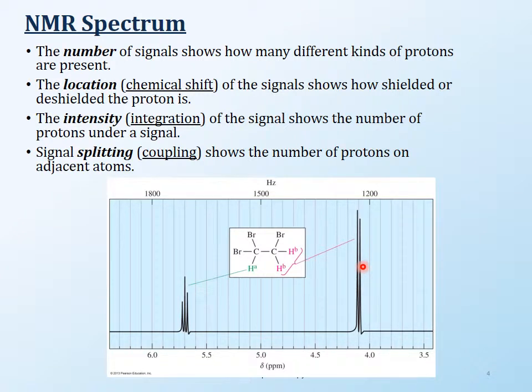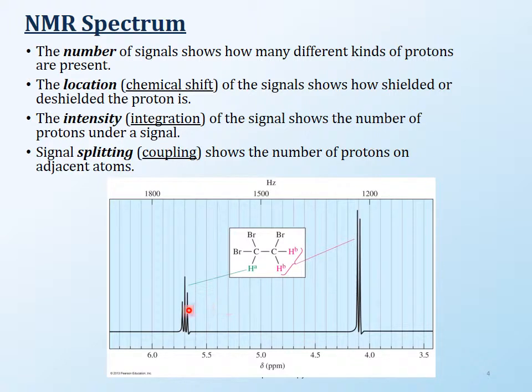The third thing we look for is integration, which is also called the intensity of the peak. The integration is the height of the peak, and in the height of the peak we're actually measuring the area under the peak. The area under the peak will tell us how many protons you have. Sometimes when you look at these signals, they're not exactly to scale.